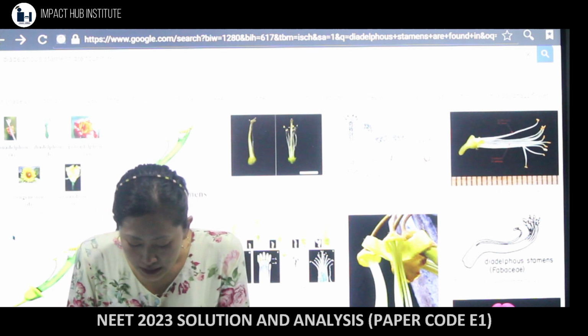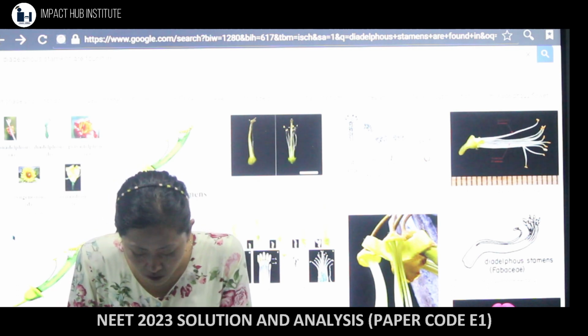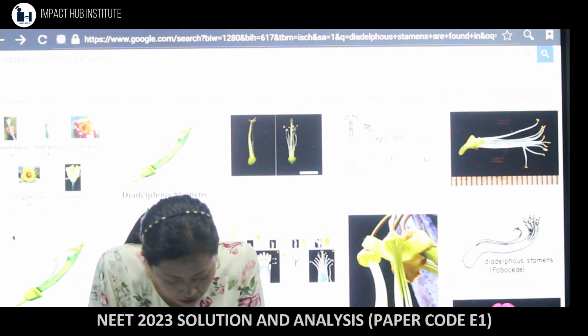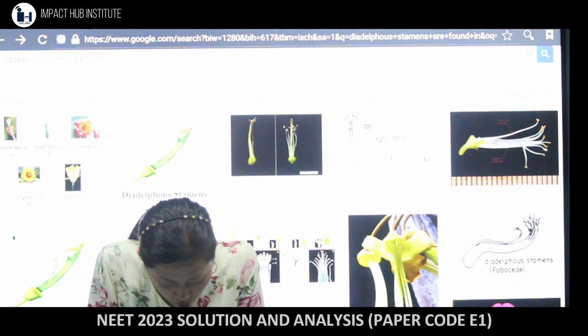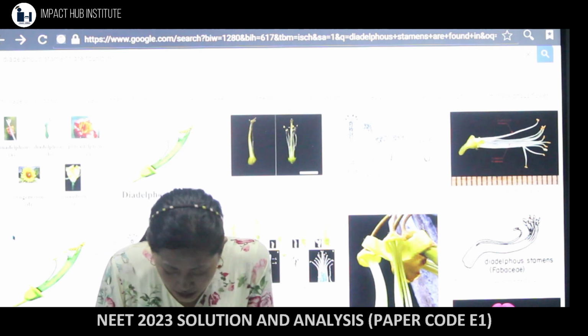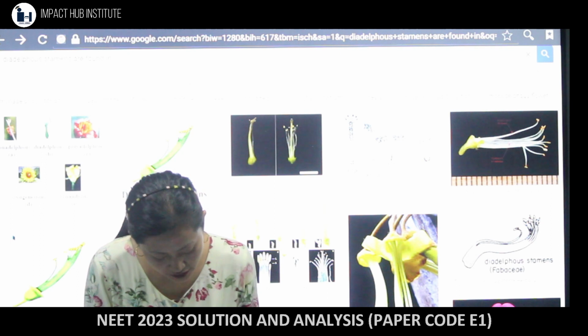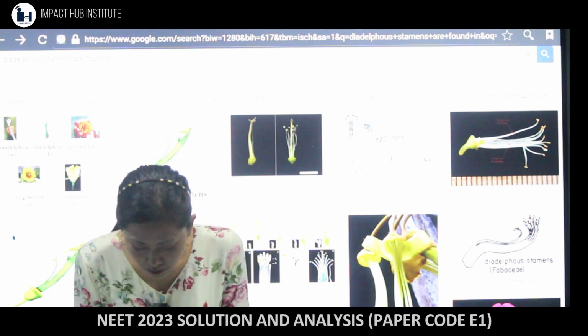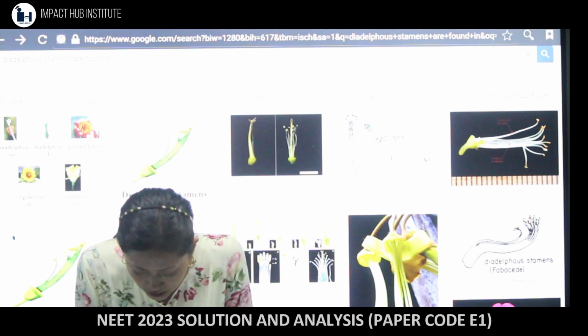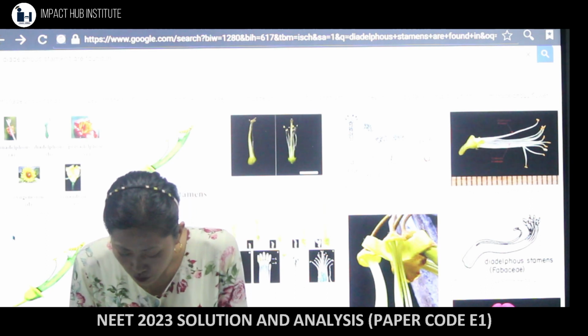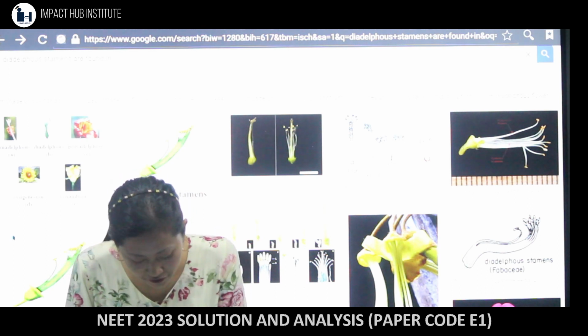So we can say division of centromere or splitting of chromosomes. So the correct answer for question number 124 is anaphase 2 of meiosis 2.